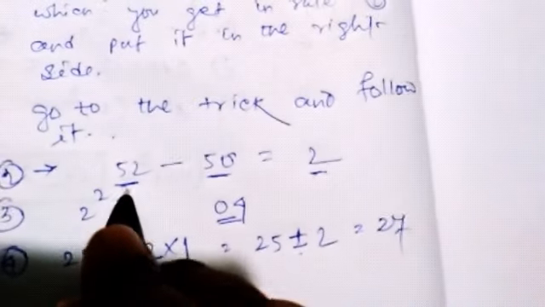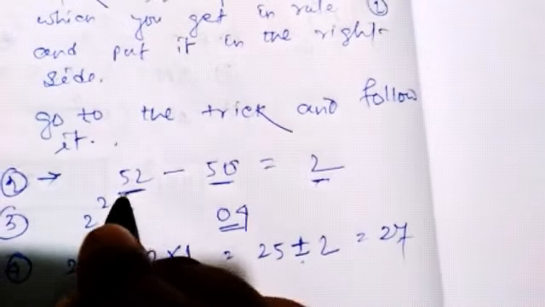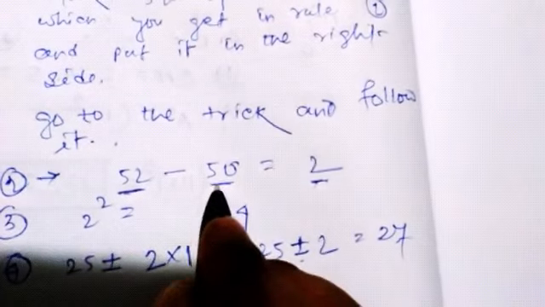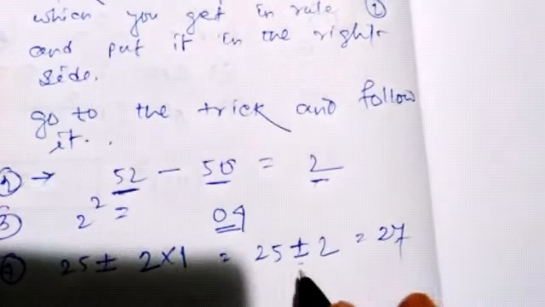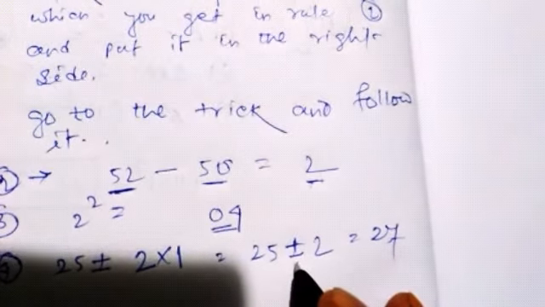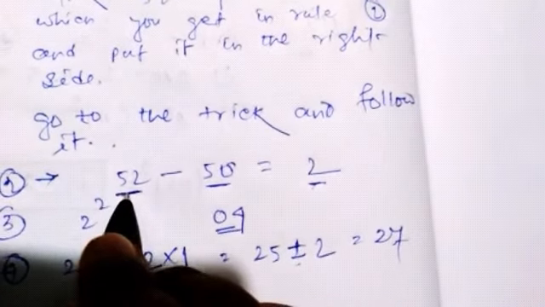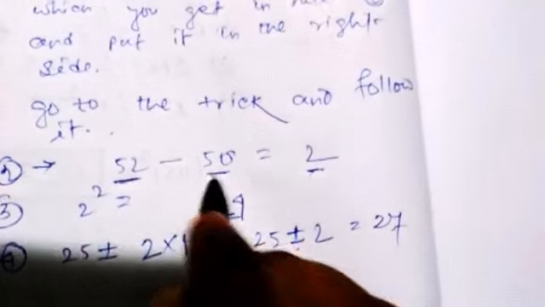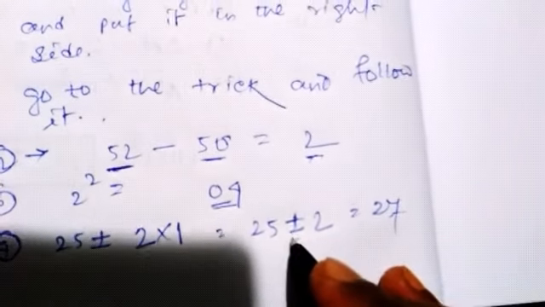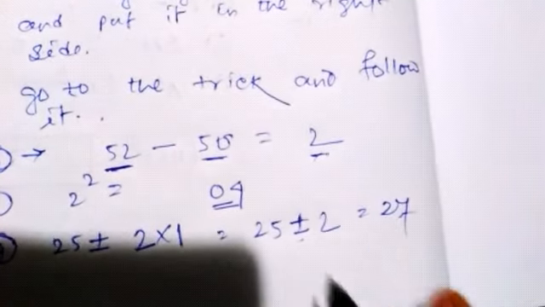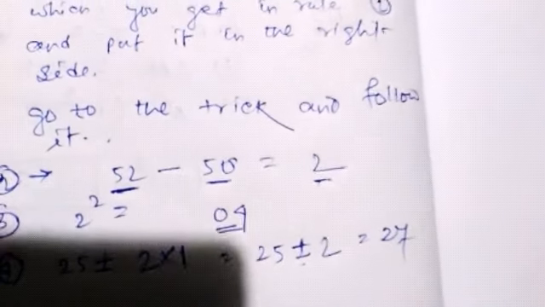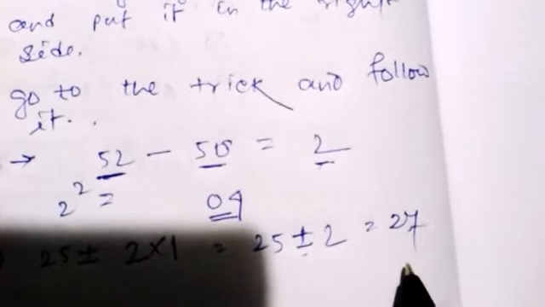Okay, here the number is 52, which is greater than the base, so we should take the plus sign. But if the number is smaller than the base, then you should take the minus sign. So it should be 27.